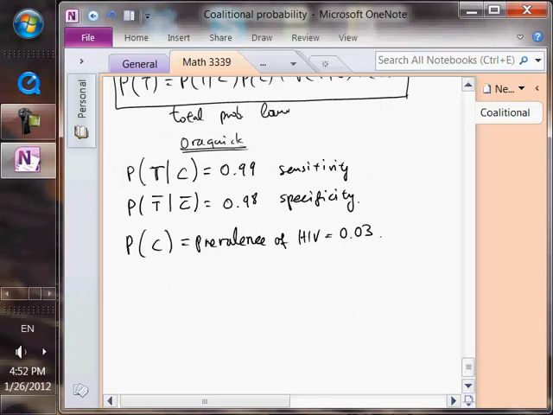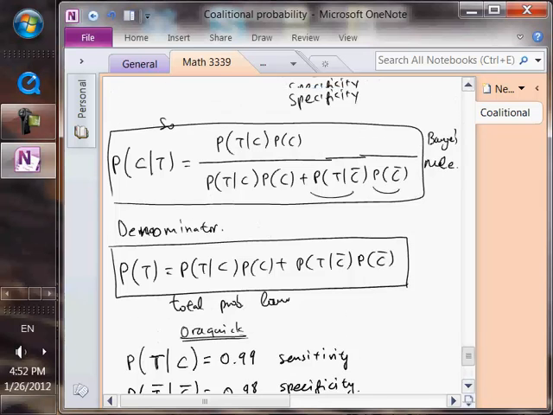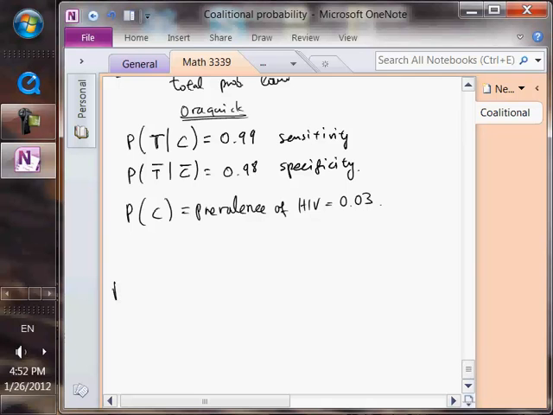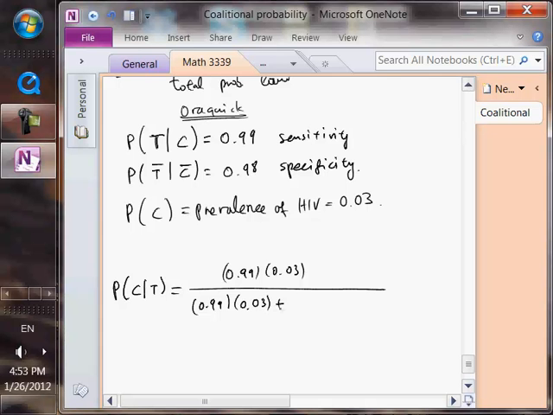What do we do to solve the problem? Well, we use Bayes' rule. So we have to use the rule I have here. And to do that, that's the probability we need to use. What do we use here? 0.99 times 0.03. Those are the easy terms.